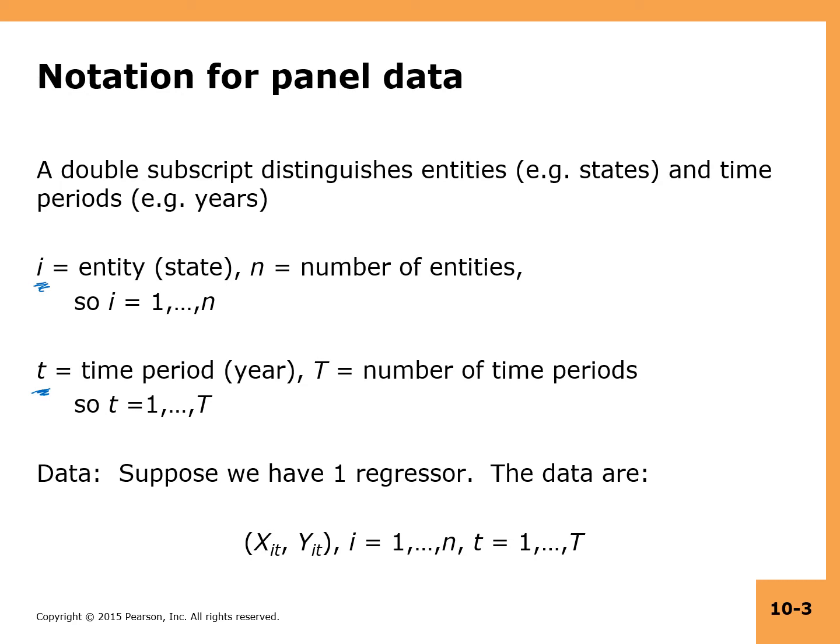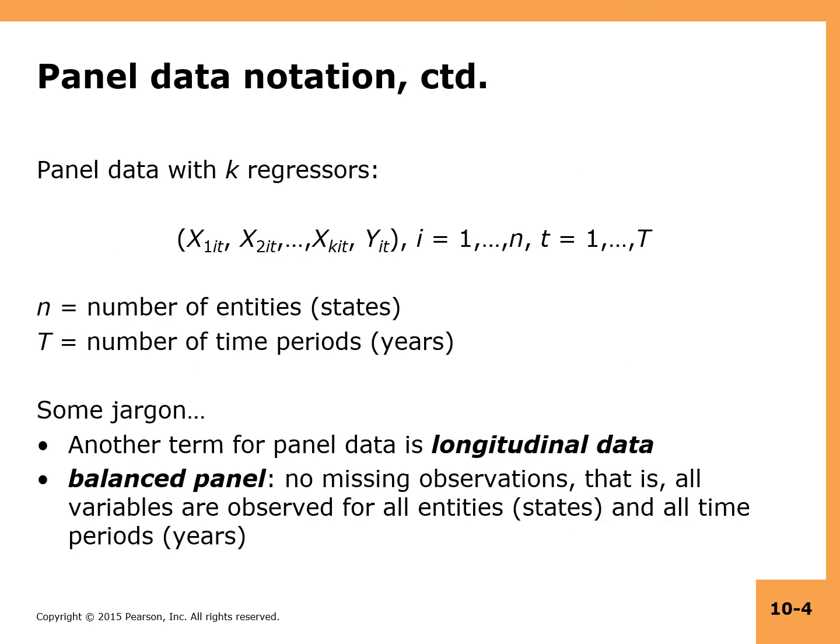However, if you have a panel data set, you have 2 different subscripts, i and t, to denote which entity your observation is from, and also which year t the observation is from. Another term for panel data is longitudinal data, and we can use these terms interchangeably.